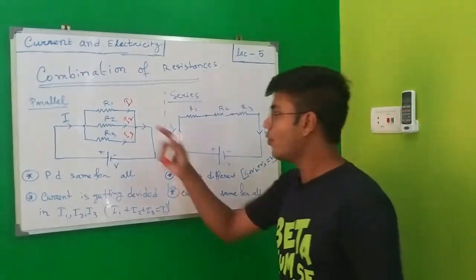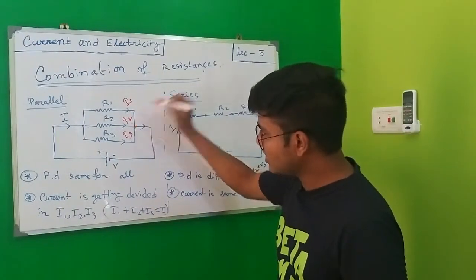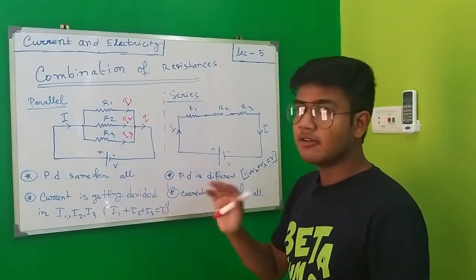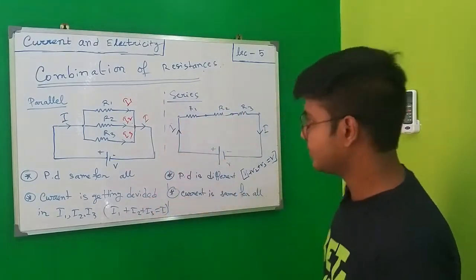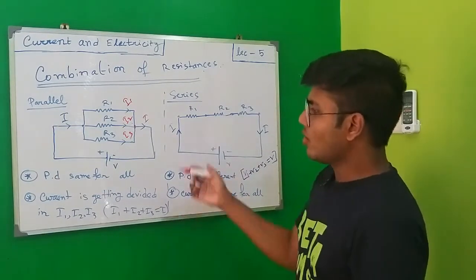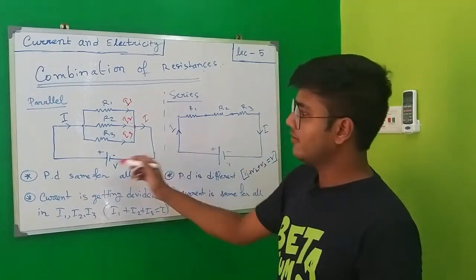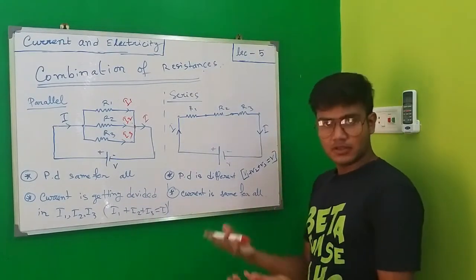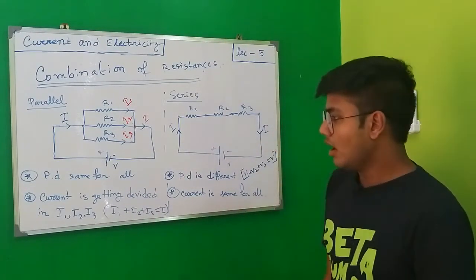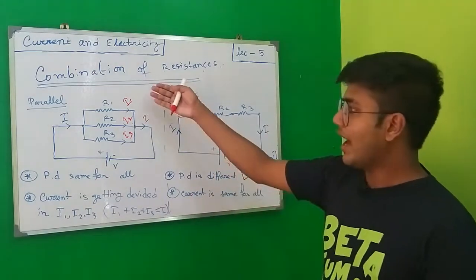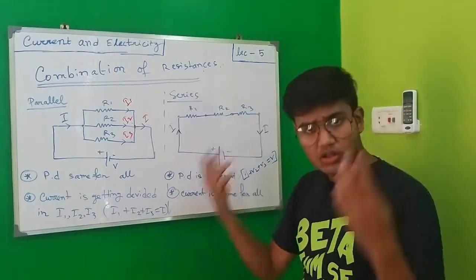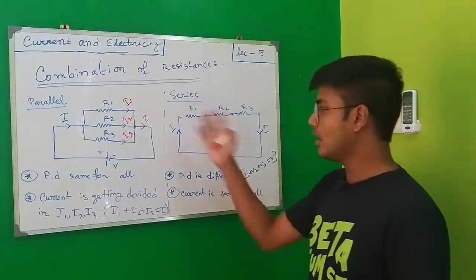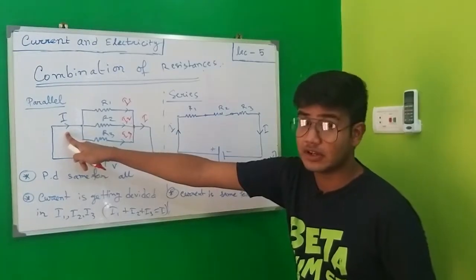Whenever they come out from this junction, they will again create I, considering no loss of energy. So what we have learned is that if current passes through a parallel combination, it divides into parts. If you add all those currents together, they will always give the initial given current.